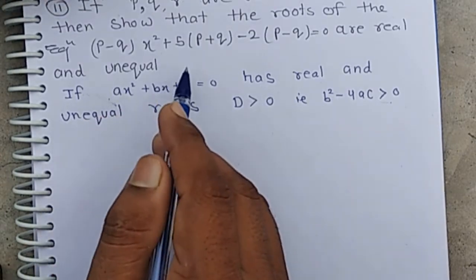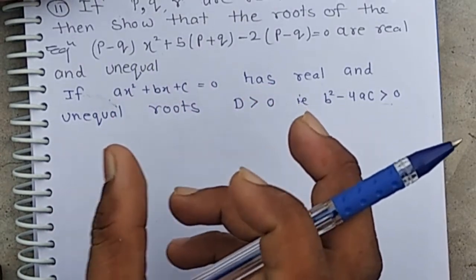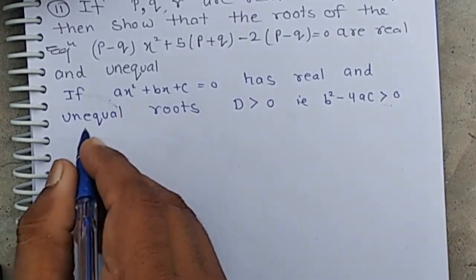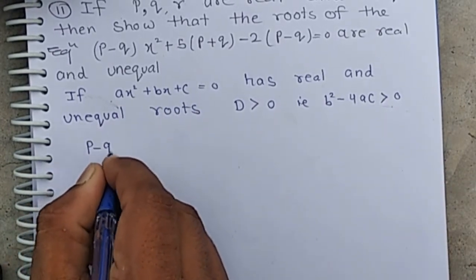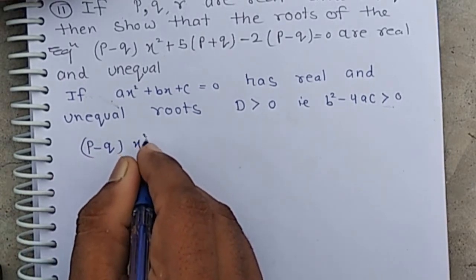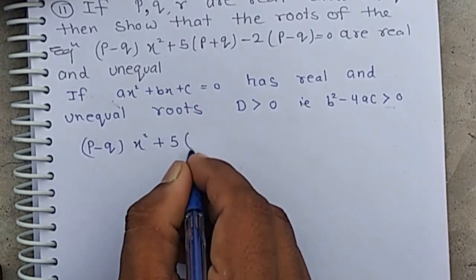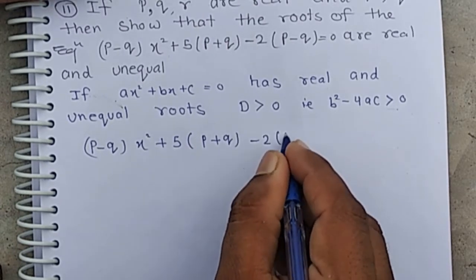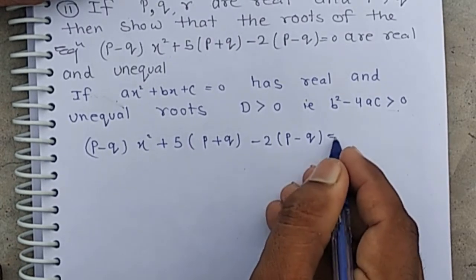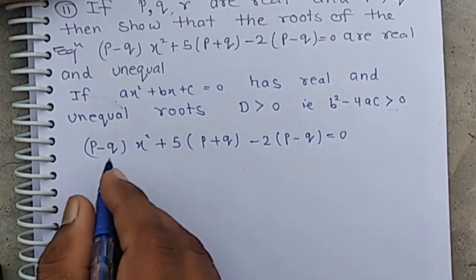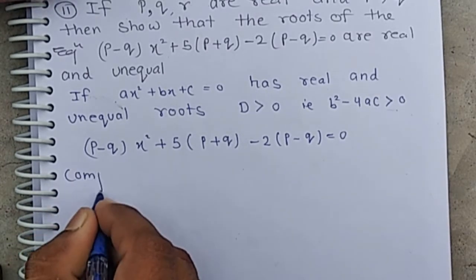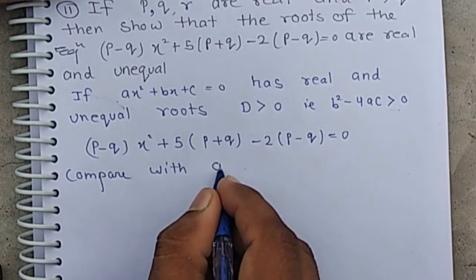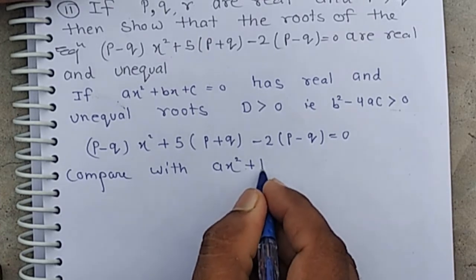So we have to show that the value of D is a positive quantity and it is not equal to 0. Given equation, compare with ax square plus bx plus c.